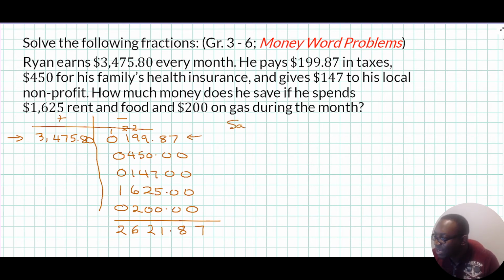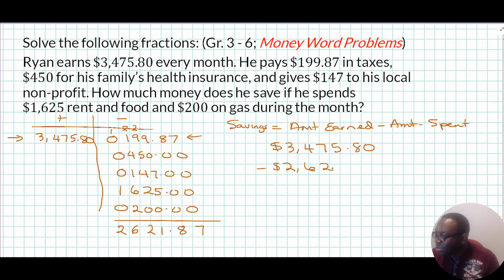So his savings will be the amount he earned minus the amount he spent. That's going to give us 3475.80 minus 2621.87.